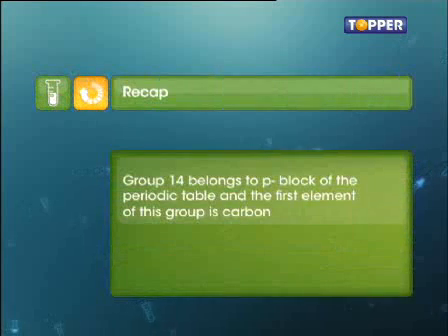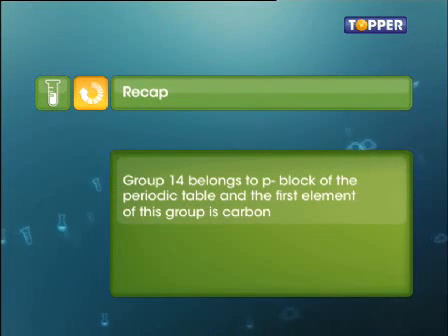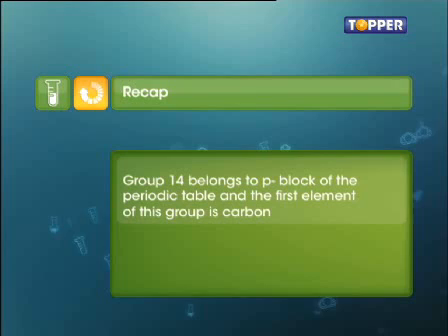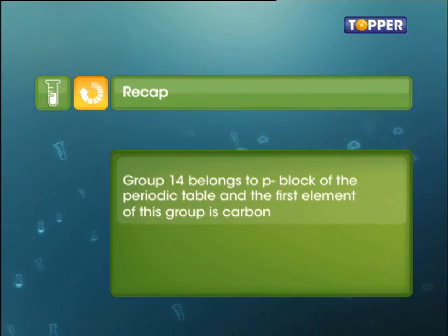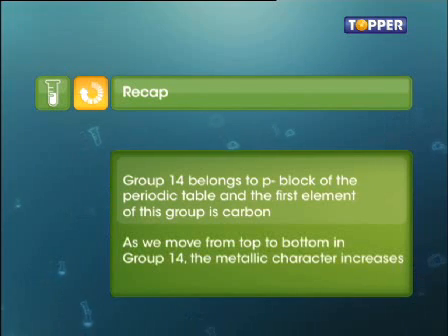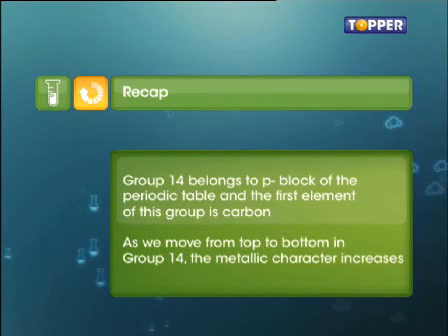Looking ahead, a quick recap of today's edition, and then our much awaited rapid fire section. Today we learned that group 14 belongs to the P block of the periodic table, and the first element of this group is carbon. Metallic character increases as we move from top to bottom in group 14.